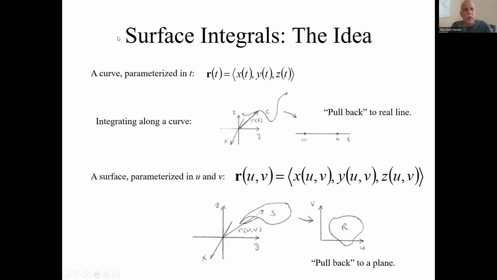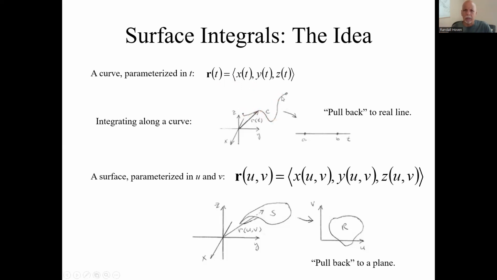So let me just go through first. This chart kind of tells you in general what it's all about. When we did a work integral, we were integrating over a path, a one-dimensional path, a one-dimensional creature in three-dimensional space. So we were integrating along a path.